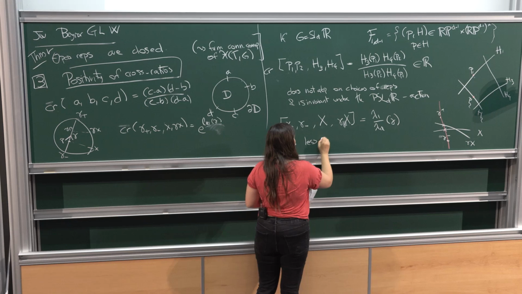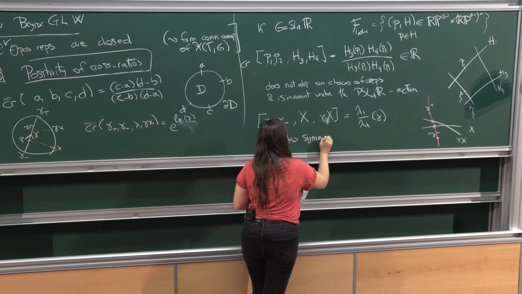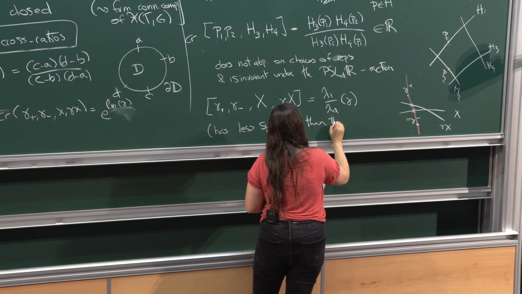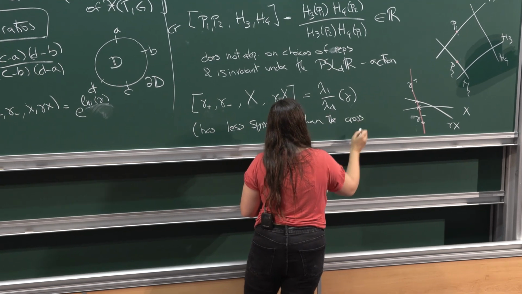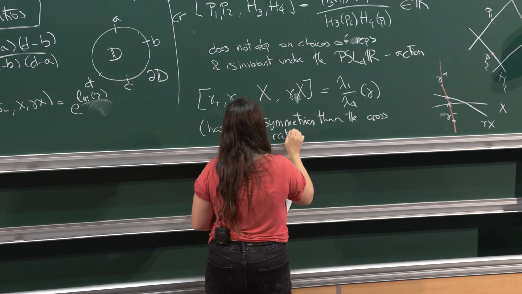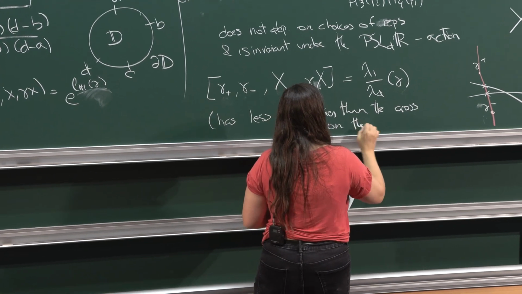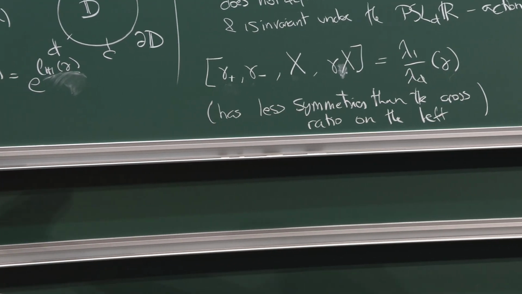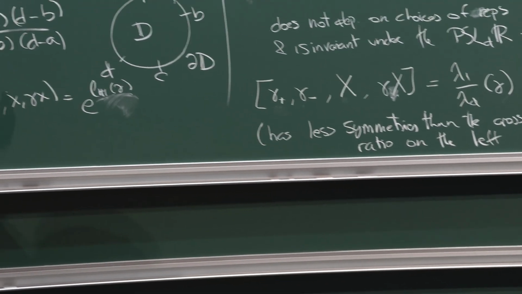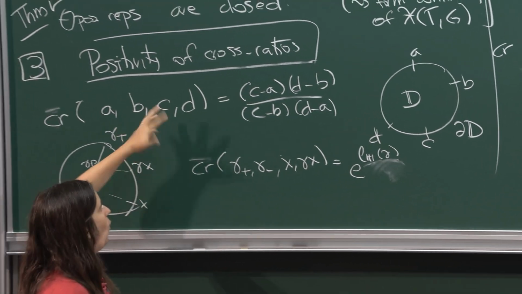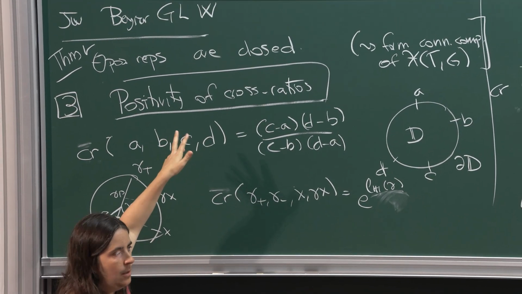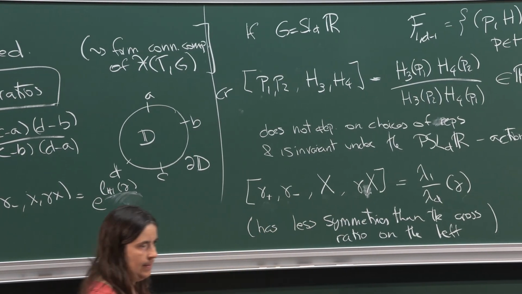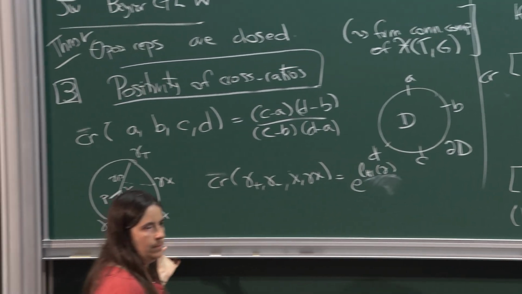Less symmetries than the cross ratio on the left. Because in here, I have formulas of what happens to this cross ratio for all possible permutations, while here, I can only do these 2 transpositions. And that's the only thing I know how to do.